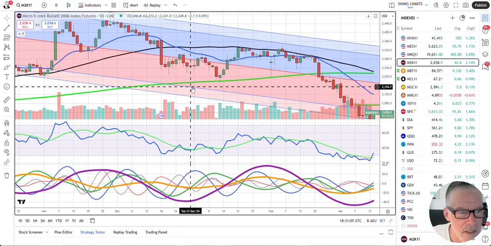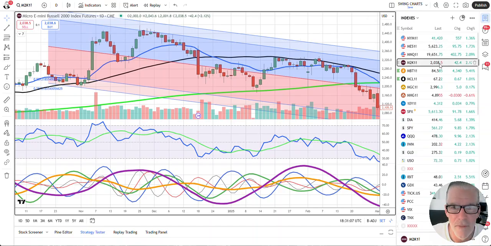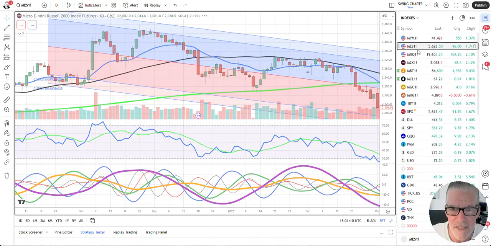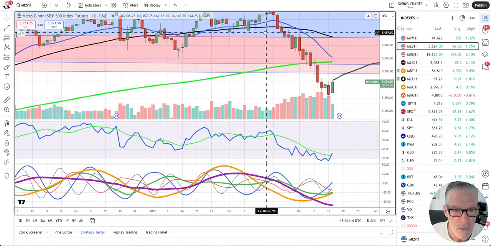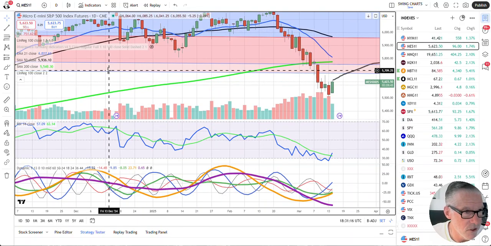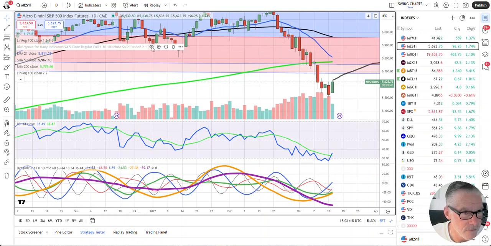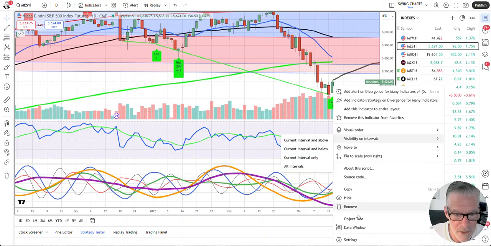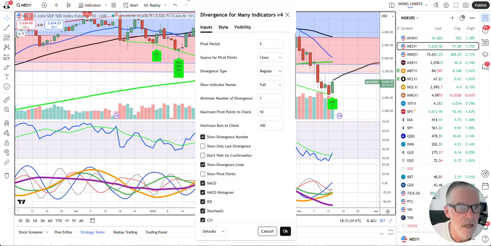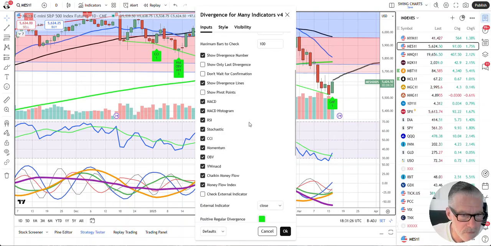Let's go back to the S&P 500. One of the nice things you can do, that divergence indicator that I showed you, if you go to the indicator itself, go to settings, and go to inputs, you're going to see the list of indicators that can be included in its signals.